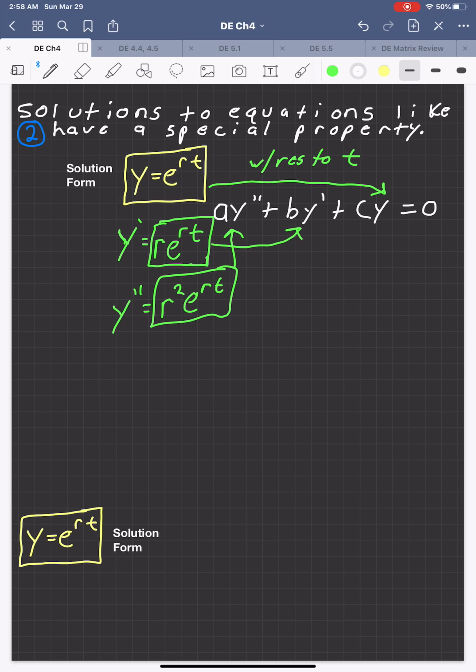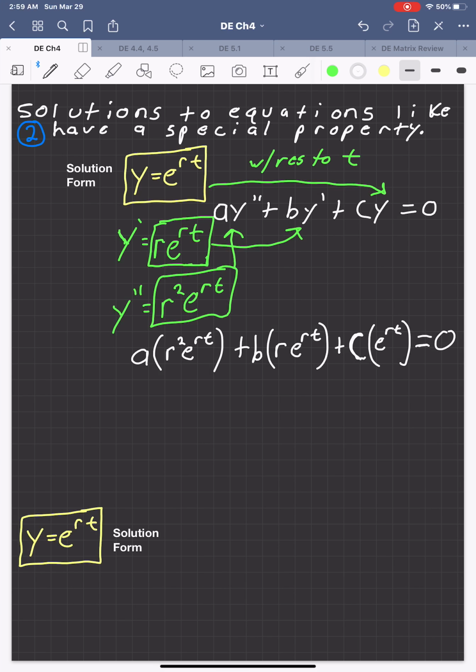So after I plug in, I would have a times r squared e to the rt plus b times r e to the rt plus c times e to the rt, and all of that must equal 0.